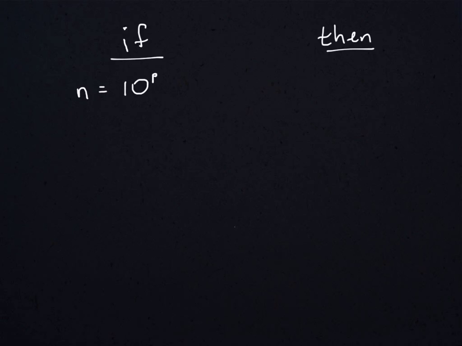So like I said, a logarithm is the opposite of an exponent. So what's the opposite of what we're looking at over there? Well, p is equal to the log.